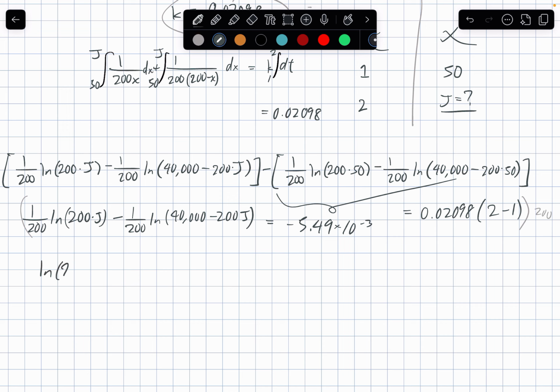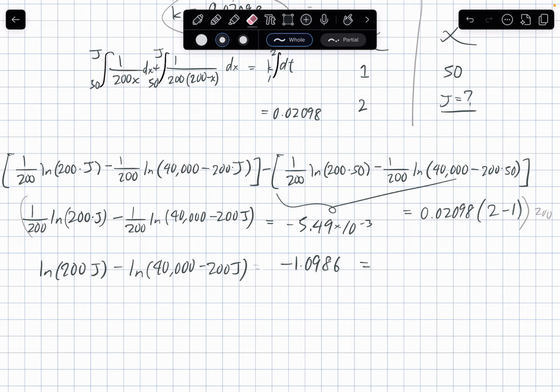So we have ln 200j minus ln 40,000 minus 200j equal to this times 200, which is negative 1.0986 equal, sorry.